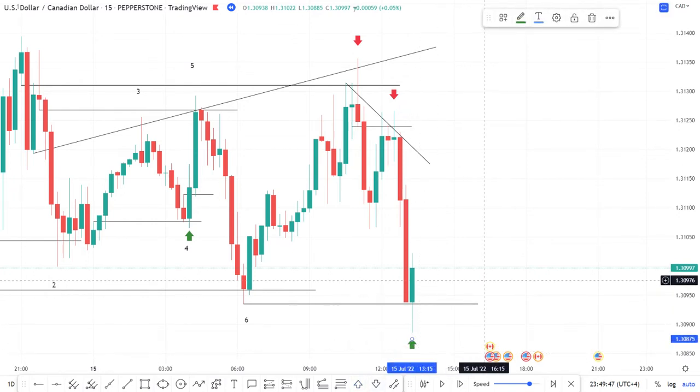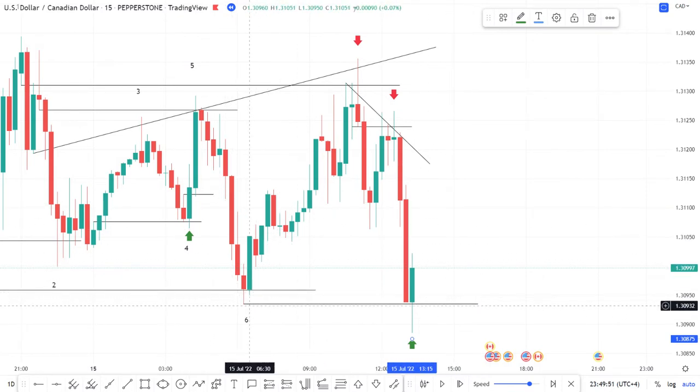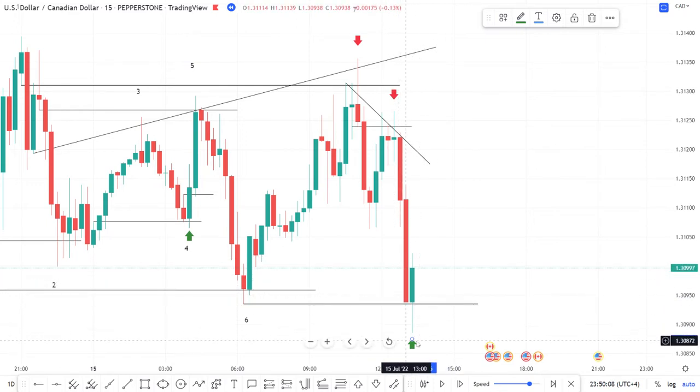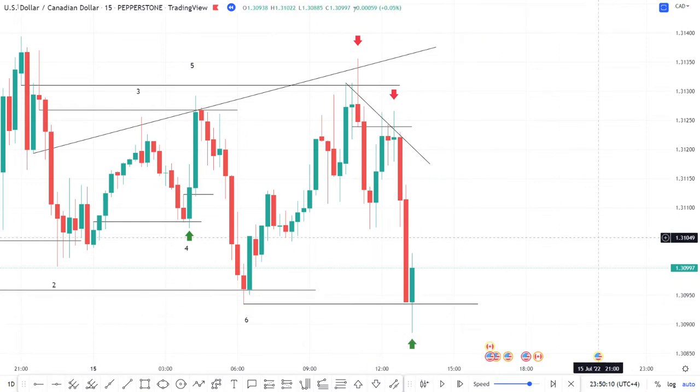Could be a reversal na meron tayong buyers na nagpakita dito sa pinaka-peak ng low number 6. Price respect that line and hindi siya nag-close below. Meaning, meron tayo ditong well-defined body, bullish body, and we have a lot of buying pressure. Makita niyo sa candle tails.